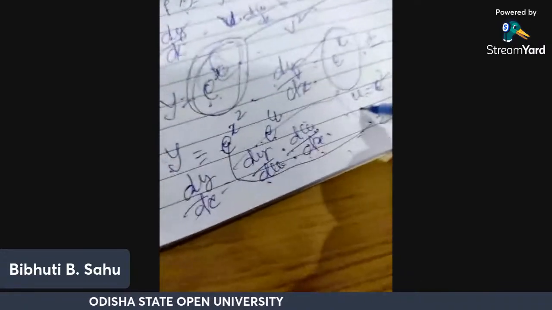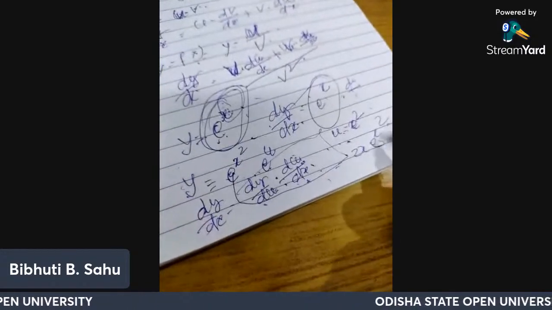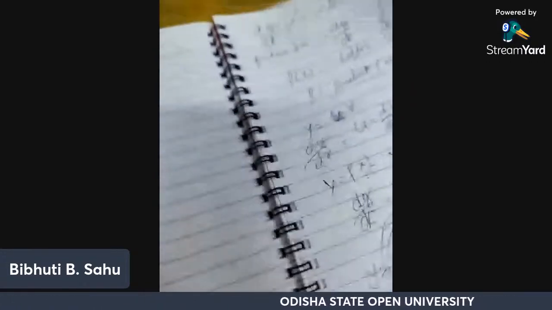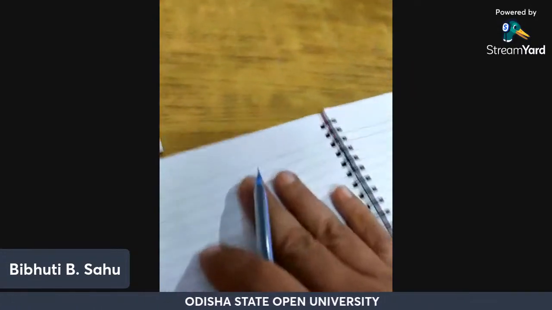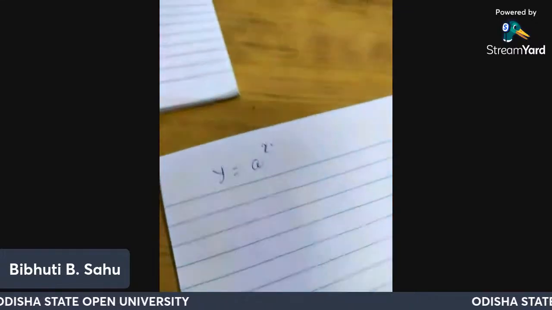So we can find out the derivatives of exponential functions like this. How to find out the derivative of a function that is y is equal to a to the power x?